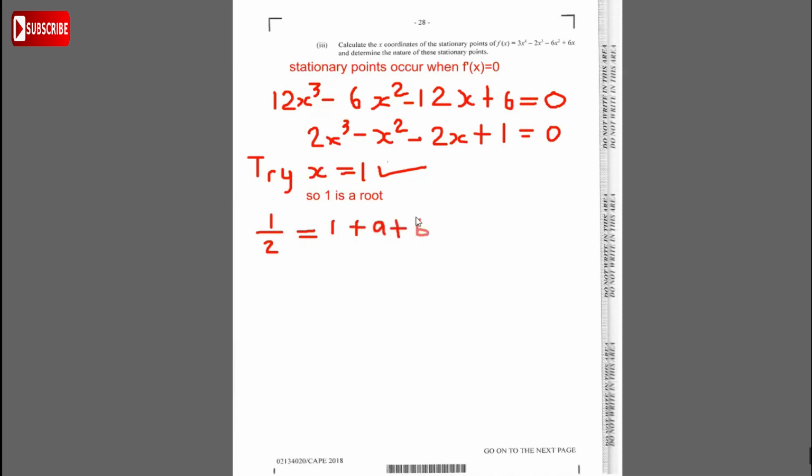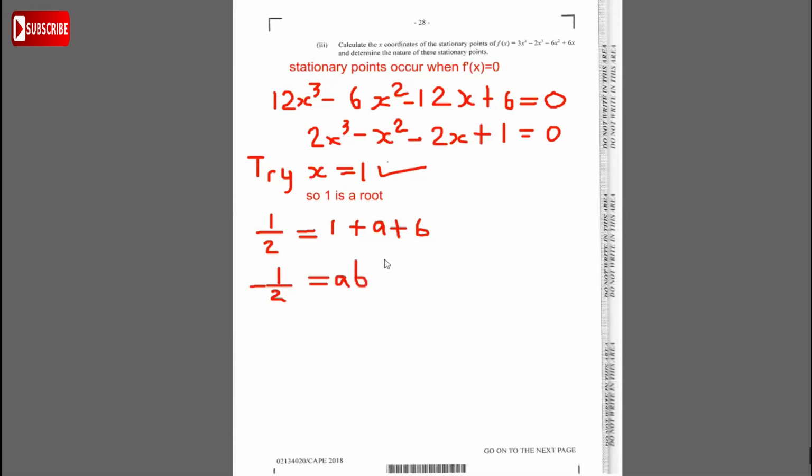And then the product of the 3 roots is going to be minus d over a, which is minus a half. And minus a half is equal to 1 times a times b, which is ab. Good.